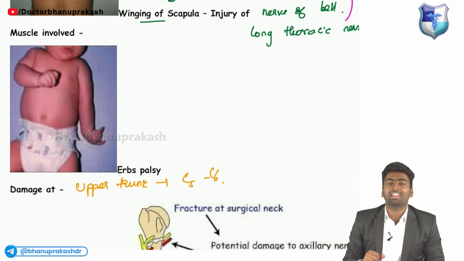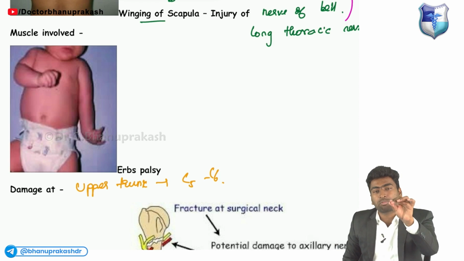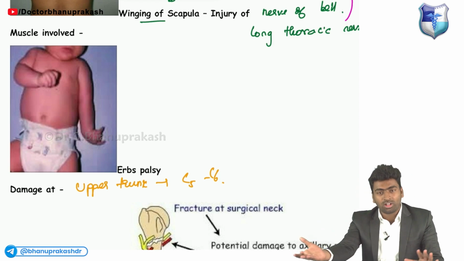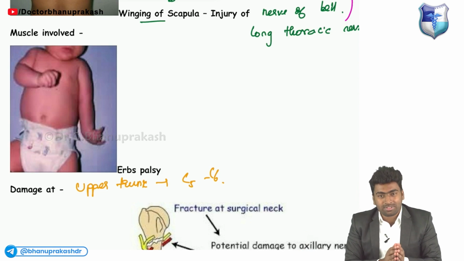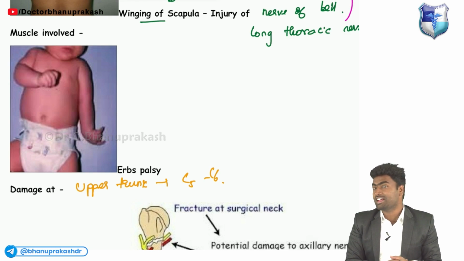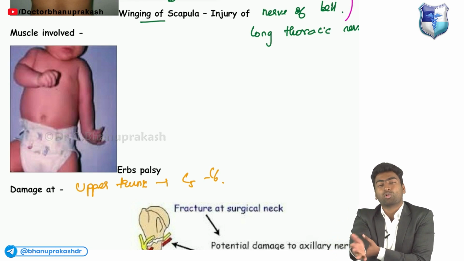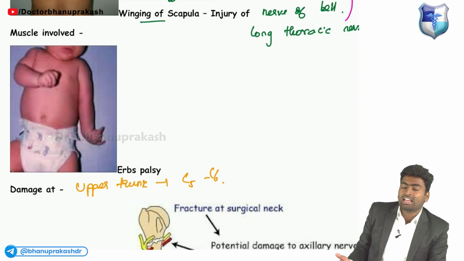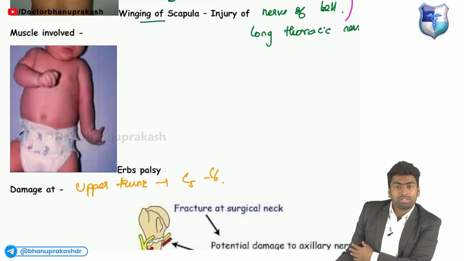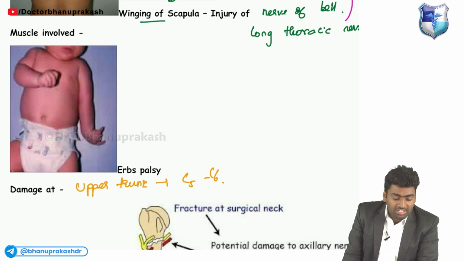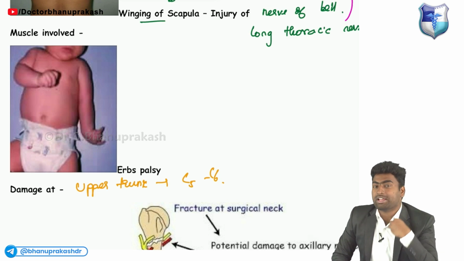And we know one more thing about the biceps. Is it a pronator or a supinator? It is a supinator. So if the biceps is gone or the nerve supply to the biceps is gone, which is the musculocutaneous nerve, which is a branch from this C5-C6 trunk, then the patient cannot supinate the arm. So the arm will remain pronated. So remember, the arm is adducted, the arm is extended and the arm is pronated, because it is not supinated since there is no biceps muscle acting.